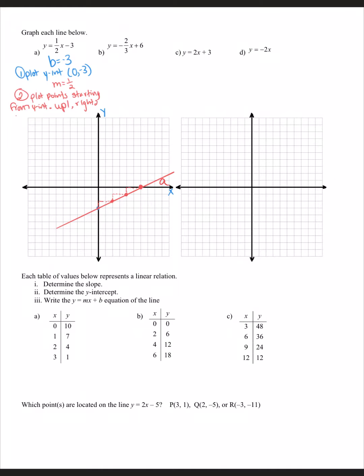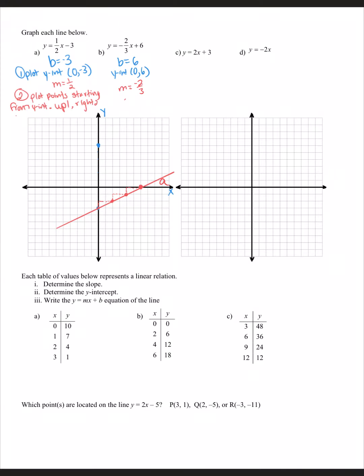All right, and then we will give this a try with B. This time our y-intercept, that's the first thing we're going to do, is a 6. So our y-intercept, if we were to write it as a coordinate, is just going to be 0, 6. So we'll plot that point first. 1, 2, 3, 4, 6. And then our slope is -2/3.